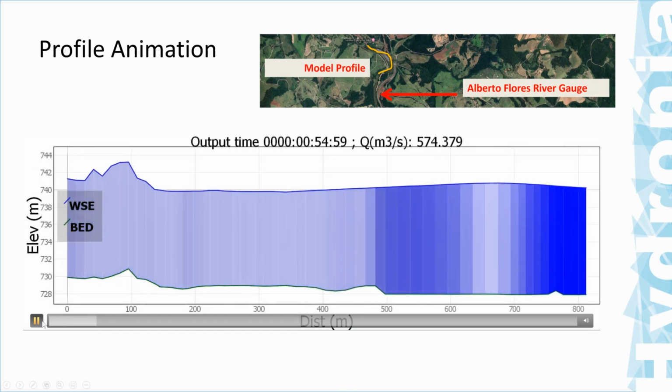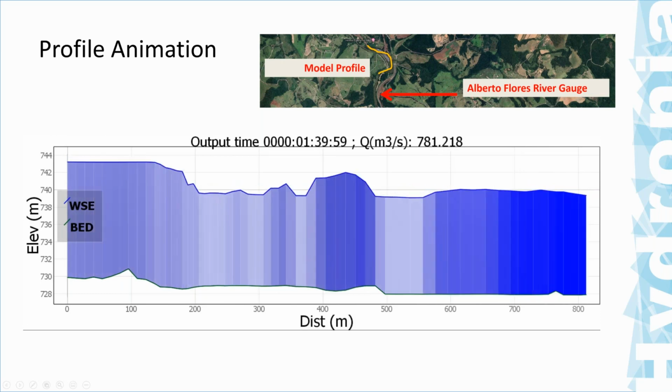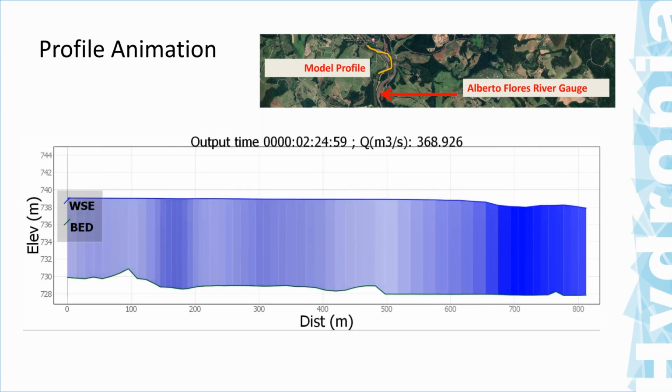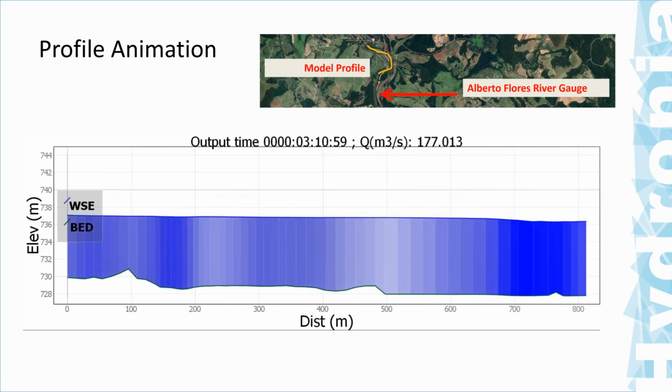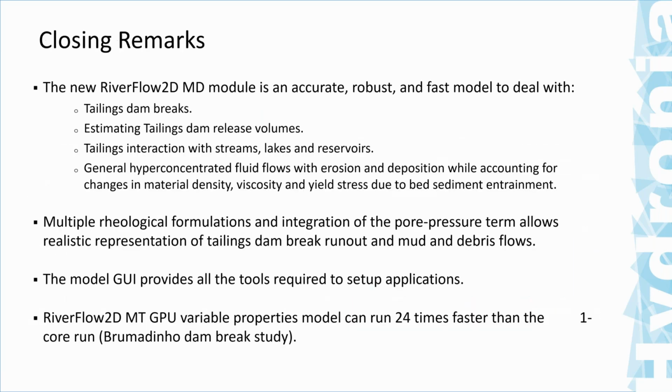It dams the flow, increases the elevations, and eventually the river starts eroding that area, and then it can pass through again. Okay, so that's what I wanted to show you. I think you have seen the different steps that you need to perform this type of application.